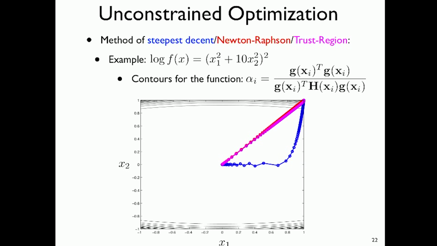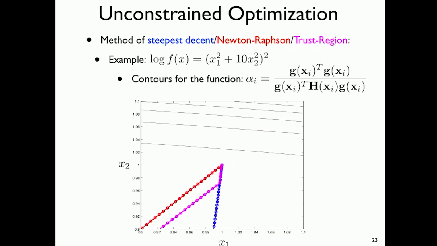If I zoom in, right up here, what you'll see is initially MATLAB chose to follow the steepest descent path. And then at a certain point, it decided, because of the value of the trust region, that Newton-Raphson steps were to be preferred. And so it changed direction, and it started stepping along the Newton-Raphson direction instead.